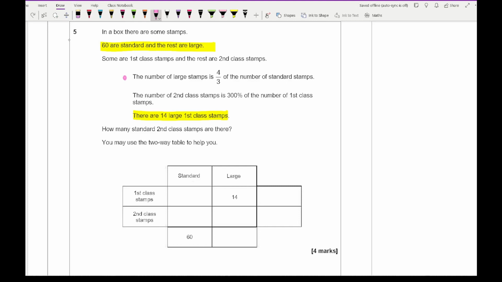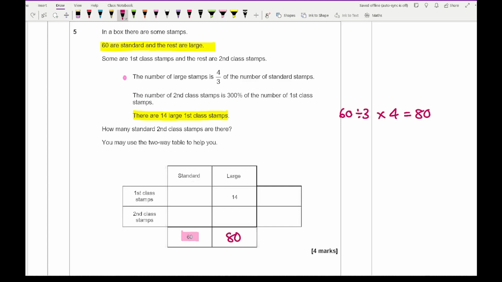So for this, what we need to do is take the number of standard stamps, which we know is 60. So then we basically do 60 divided by 3 to make what 1/3 is, and then we multiply that by 4 to give us 80.